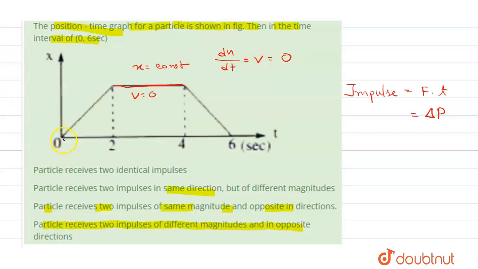But from 0 position, the initial position, up to an interval of time, we can see that the position or displacement of the particle is increasing. So there is a velocity, since the value of x is not constant, so slope of this graph will give velocity.